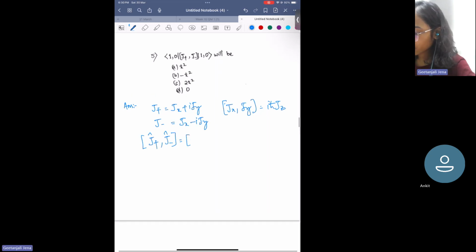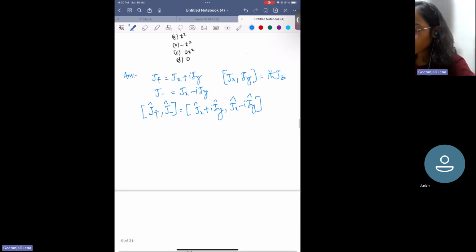So for J plus, J minus, if you don't know it, you can find it this way: Jx plus iJy with Jx minus iJy. Now use the properties of the commutation relation.